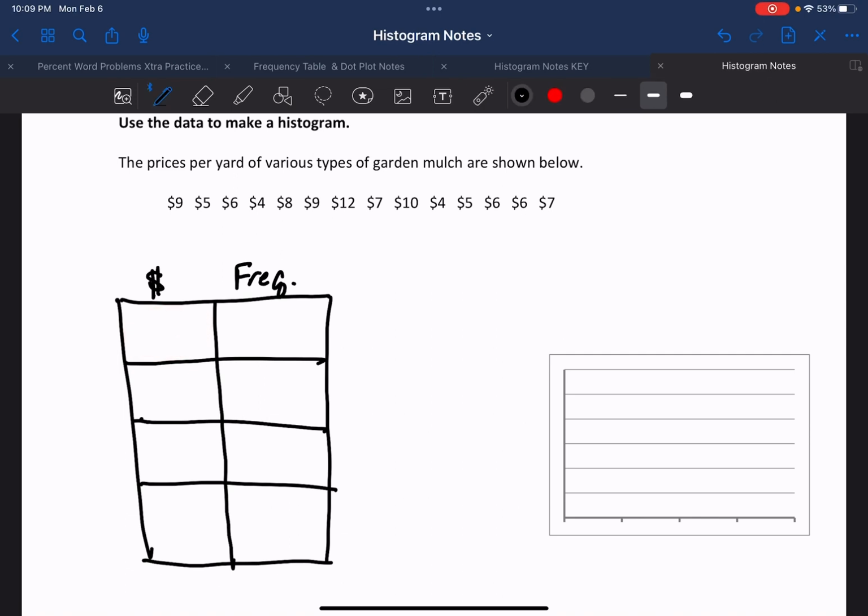As I'm looking at this, I'm seeing my minimum number is 4 and my maximum number is 12. So I'm going to maybe do something like 4 to 5, 5 to 6, 6 to 7, 7 to 8. No. 4 to 6. How about that? 4 to 6.